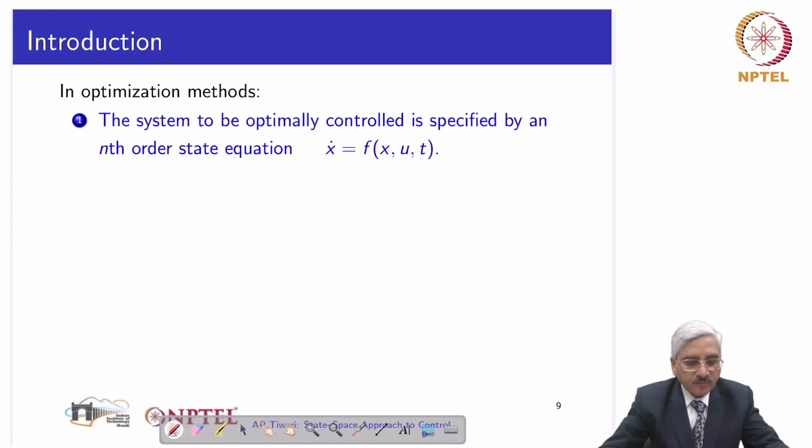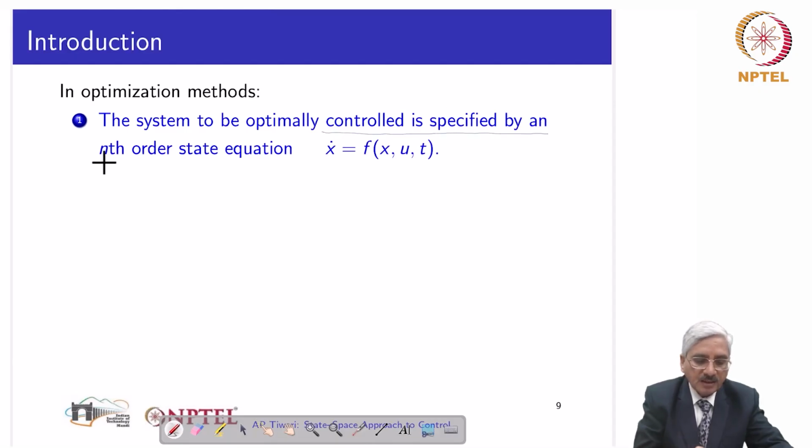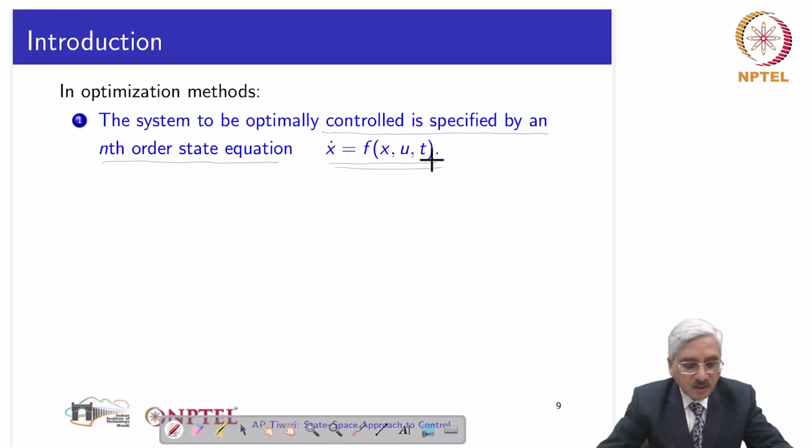Now we start from a little backward, from a point which we have seen some time back. The system to be optimally controlled is specified by an nth order state equation, this one. So in case of optimal control, the starting point is the state equations, whereas the pole placement could have been carried out also with the transfer function.